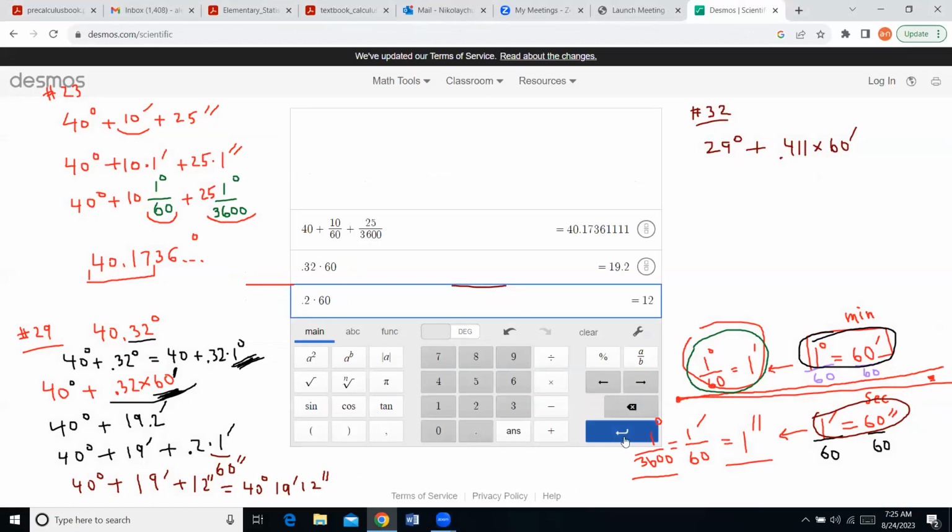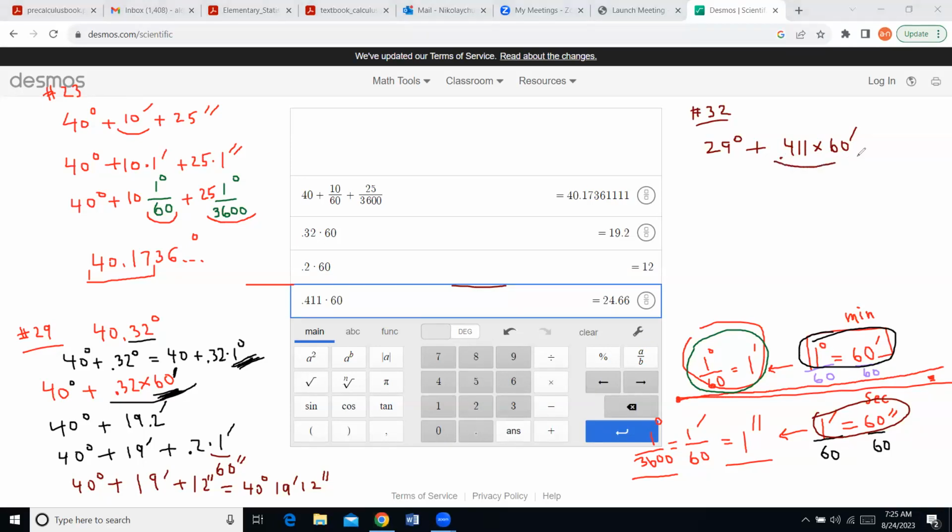Notice that's the exact same thing I did with the previous exercise. I took the decimal part, multiplied by 60, and then multiplied by 60 again the decimal part produced after that multiplication. This product happened to be 24.66, right?